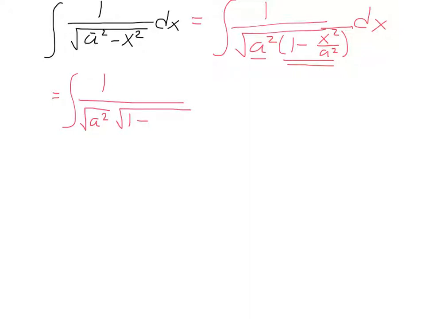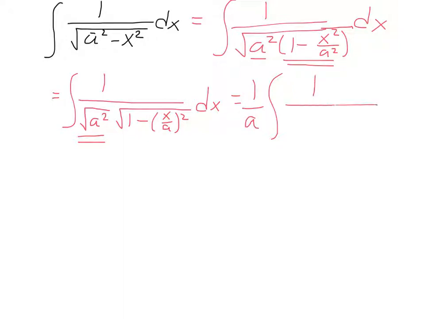And while I'm doing this, x squared over a squared, you could think of this as x divided by a quantity squared. Just note that x over a times x over a is still x squared over a squared. And so the square root of a squared, that's just a. So that's a constant of 1 over a that gets pulled out front.